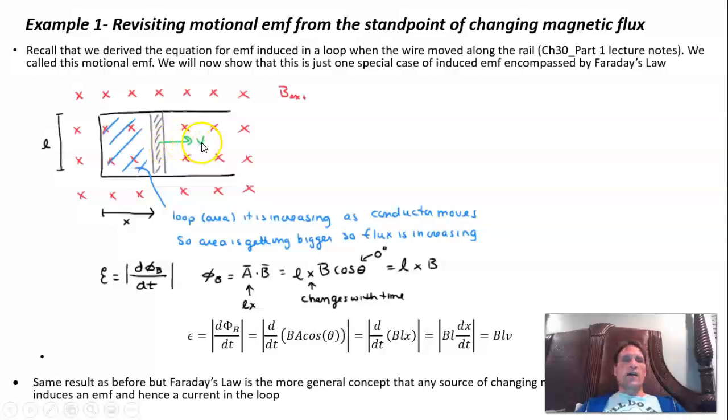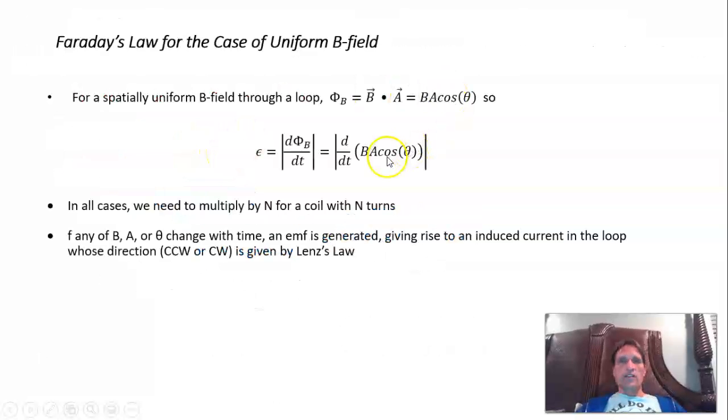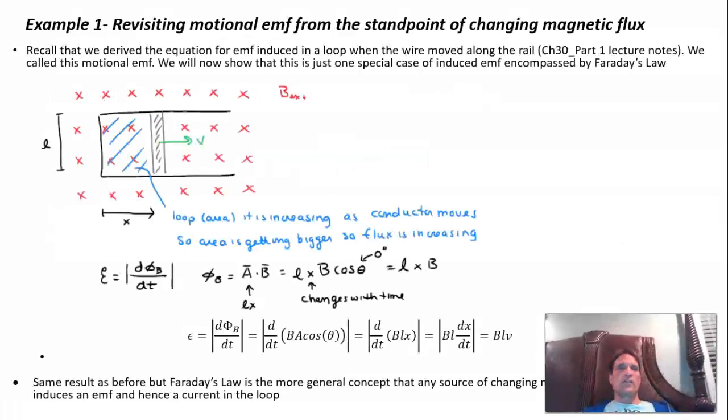We pulled it with velocity v, and what we were doing here is we were increasing the area of the loop with time, right? And so if you look back at this equation, if the area changes with time, you will get an electromotive force which will drive current around the loop. So let's calculate this here.